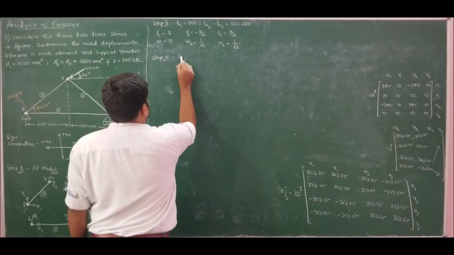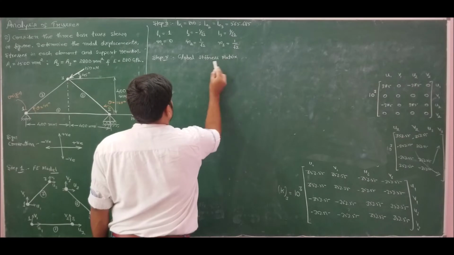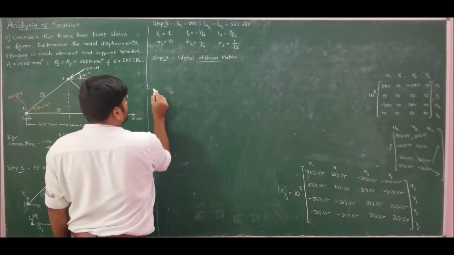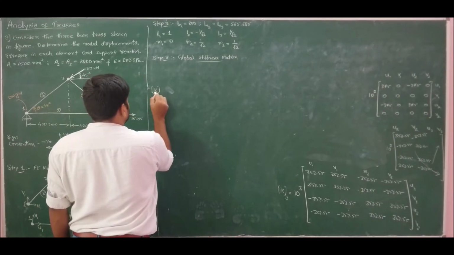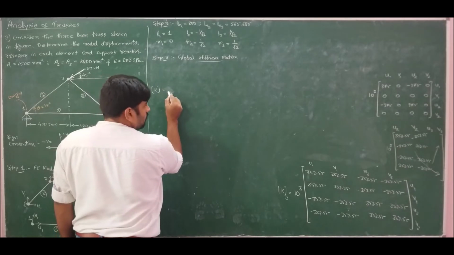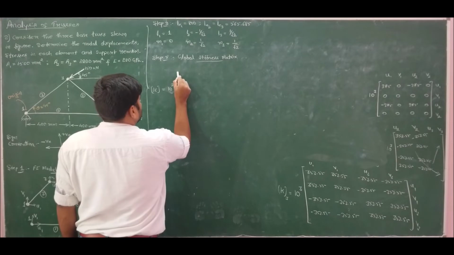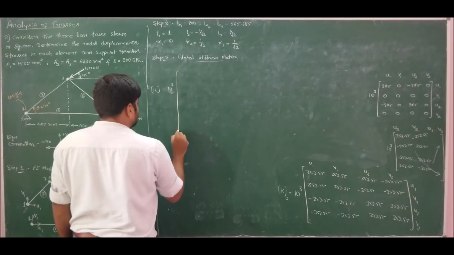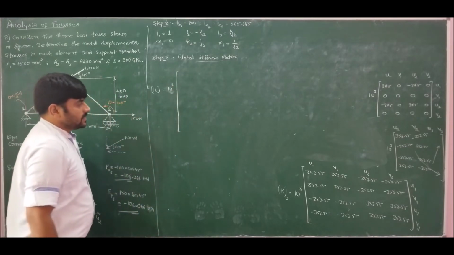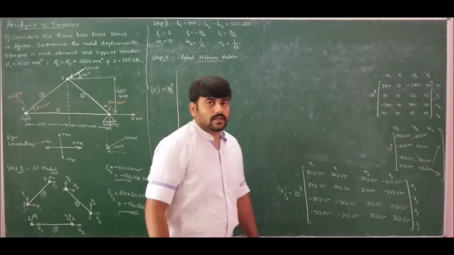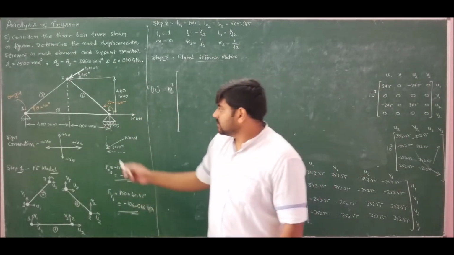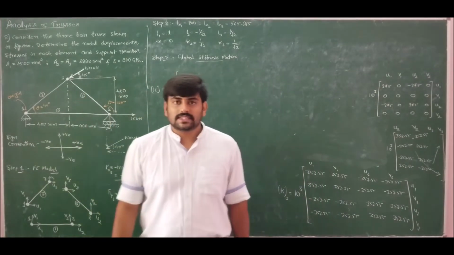We have the global stiffness matrix K, which is equal to 10 power 3 common in all these element stiffness matrices. The order of the global stiffness matrix in the case of a truss is 2n cross 2n, where n is the number of nodes. Since we have 3 nodes, the order is 6 cross 6.